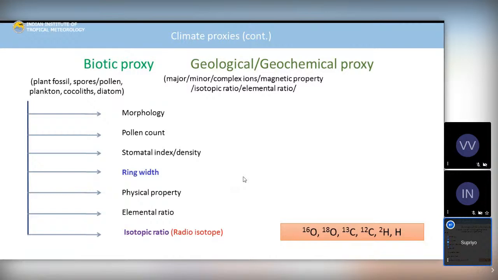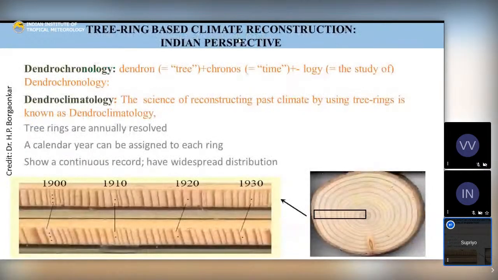I would like to focus my talk mainly on these two aspects, the ring width analysis and the isotopic ratios of some kinds of proxies that are sensitive to rainfall variability. Dendrochronology is the science of the study of trees, and chrono means time.